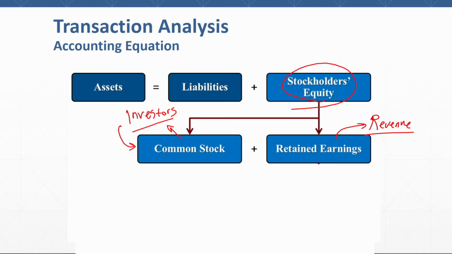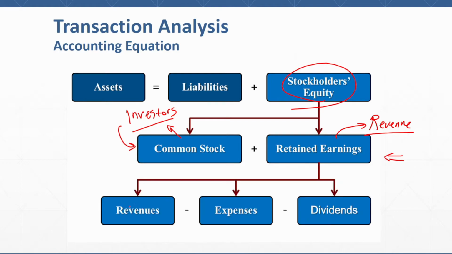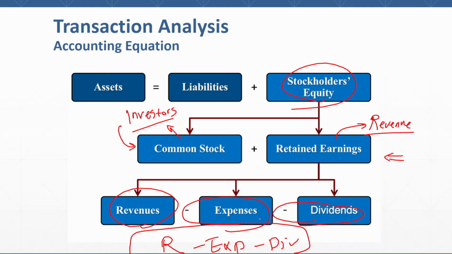We can even go further and decompose it more by looking into the retained earnings box here. Retained earnings can be written as the money that you collected minus the money which is gone, used, consumed, minus dividends, the money that you distributed to the investors. So revenue minus expenses minus dividends is called retained earnings.